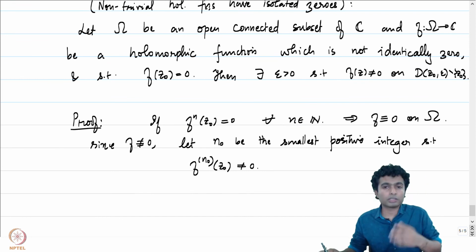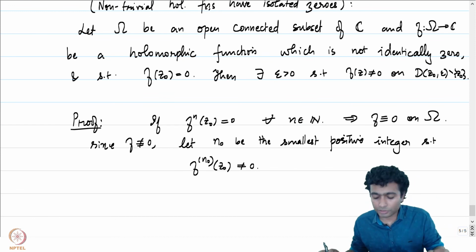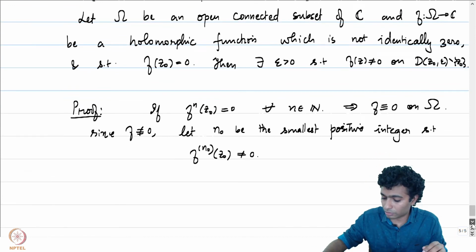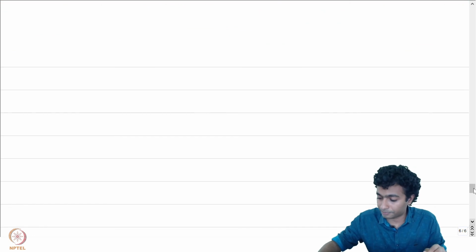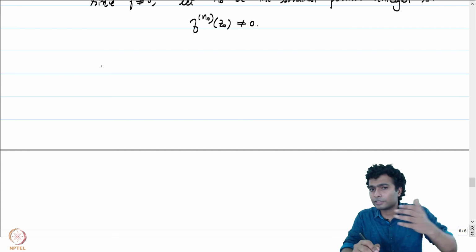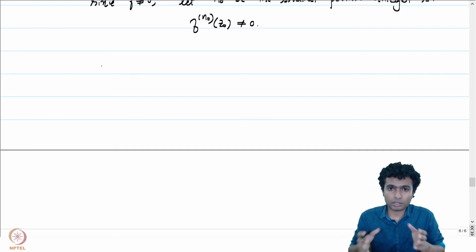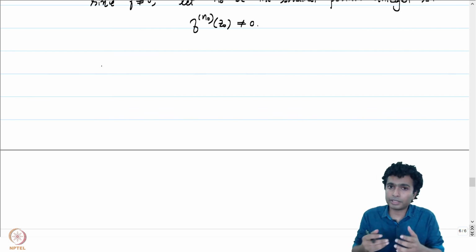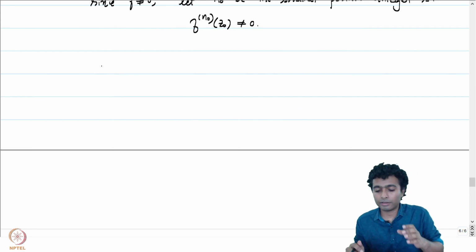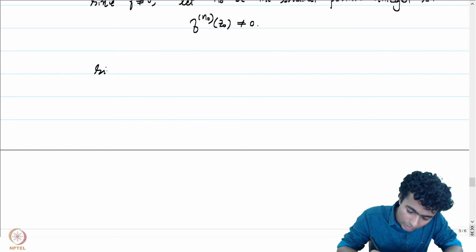Notice that n0 is greater than or equal to 1, because f_0 of z0 is just f of z0, and we know that that is equal to 0. So n0 should certainly be greater than or equal to 1. Since for every k less than n0, f_k of z0 is equal to 0, we can apply the factor theorem, which we proved in the initial part of this lecture, repeatedly, iteratively, to conclude that you can write f as (z minus z0) to the power n0 times g of z. Let me just write that down.